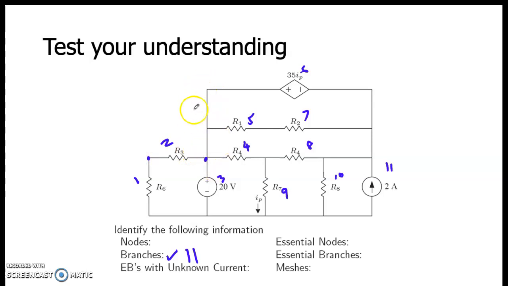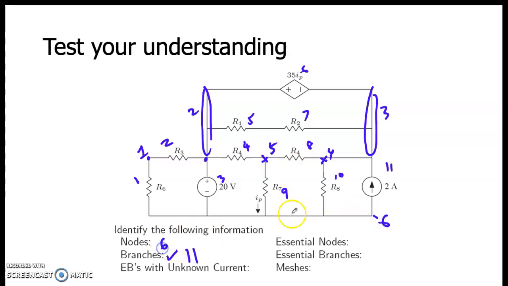This is the same node, right? All of these are the same node. So consider here 1, 2, 3, 4, 5, and the one below is 6. So 6 nodes.